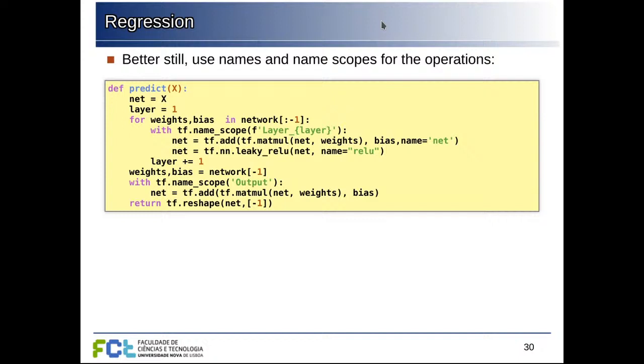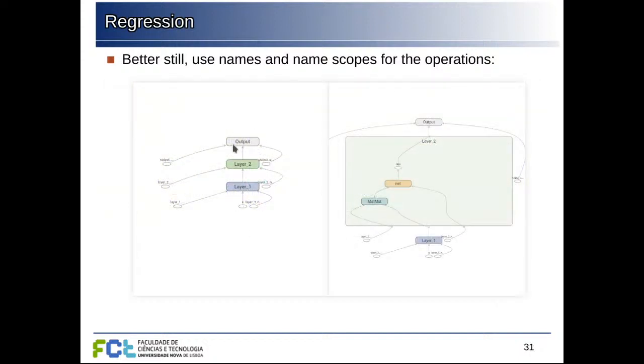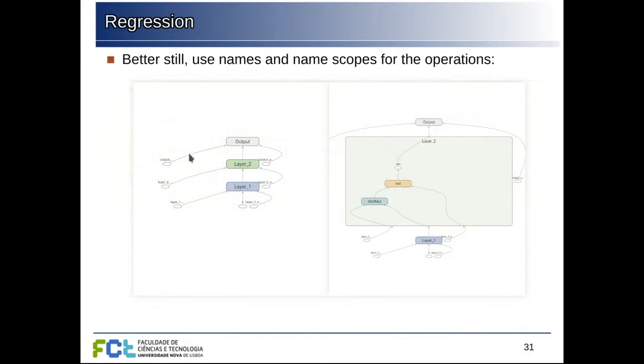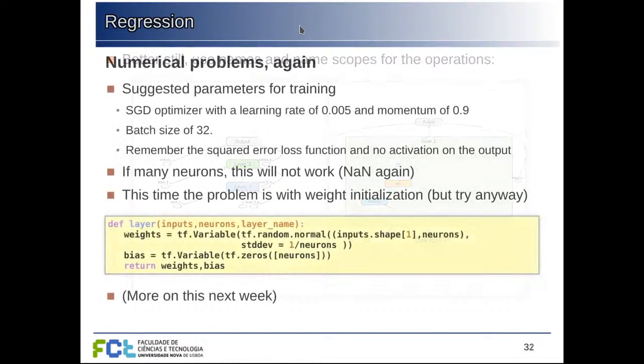The reason for doing this, it doesn't affect the computation itself, but it makes the graph prettier. So you have this layer 1, layer 2, and the output. And if you want, you can go on Tensorboard and double click on one of these and see what's inside. If you just look at the graph like this, they are grouped in those blocks, and it's easier to see the architecture of your model.